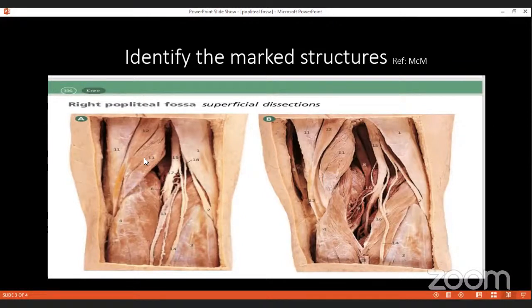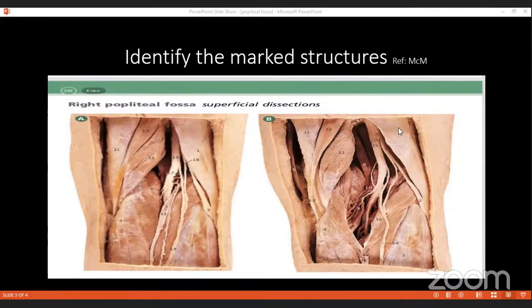It is the semimembranosus muscle. Structure 2? The common peroneal nerve. Okay, 18, if you can please identify. It is the sural nerve. Good. 13, please. This is the short saphenous vein.